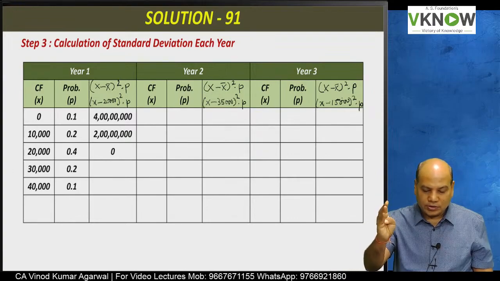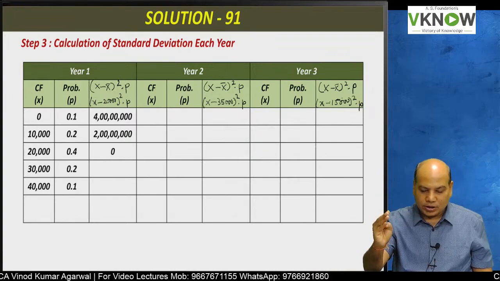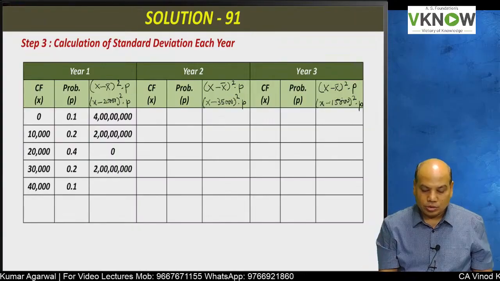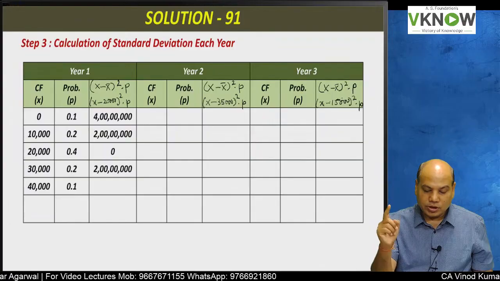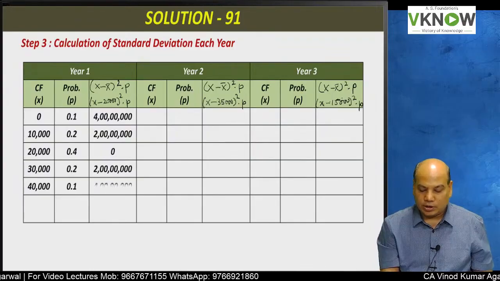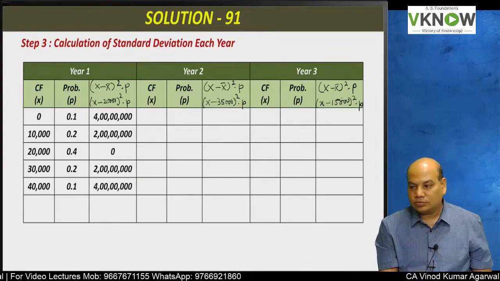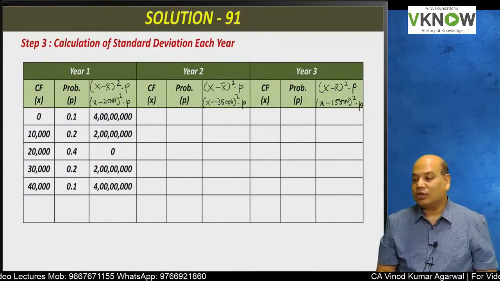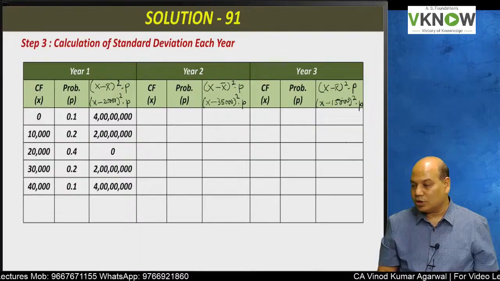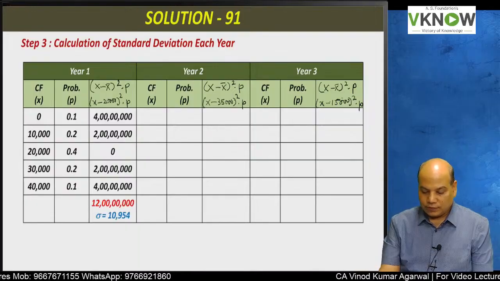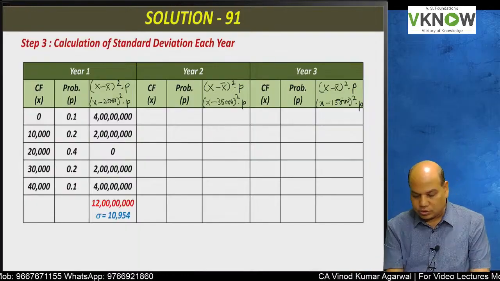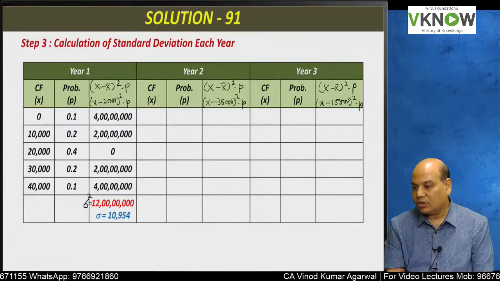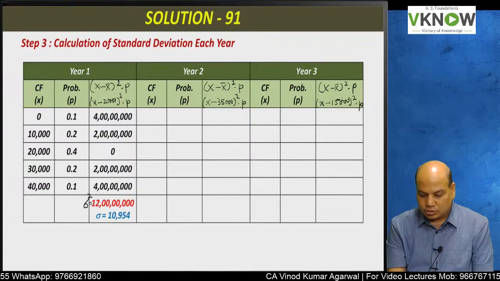Next, 30,000 minus 20,000 squared into 0.2: 2 crore. 40,000 minus 20,000 squared into 0.1: 4 crore. Take the total without calculator: 4 plus 2 plus 2 plus 4, 12 crore. Sigma square is 12 crore.